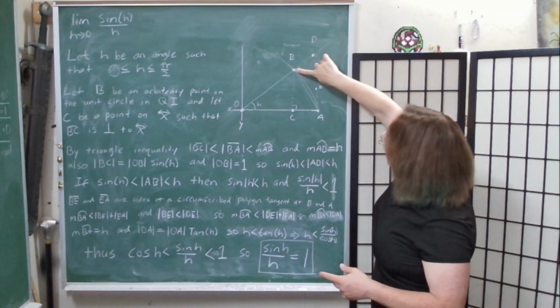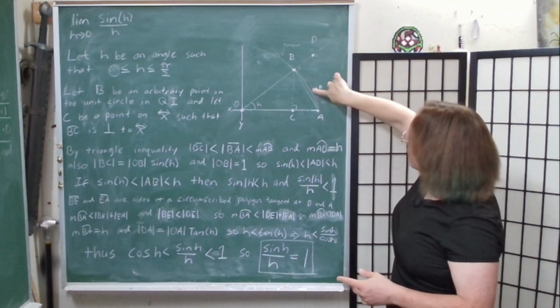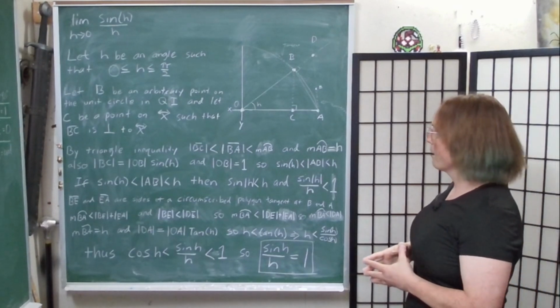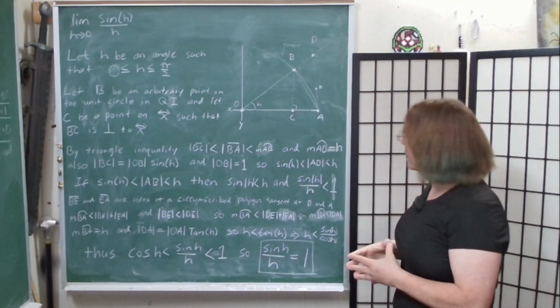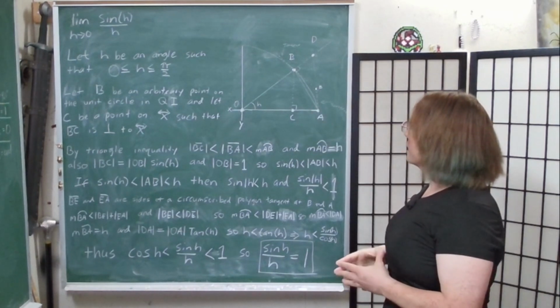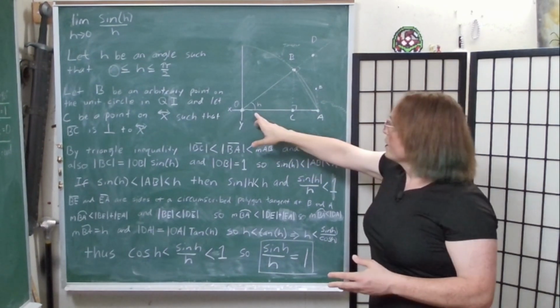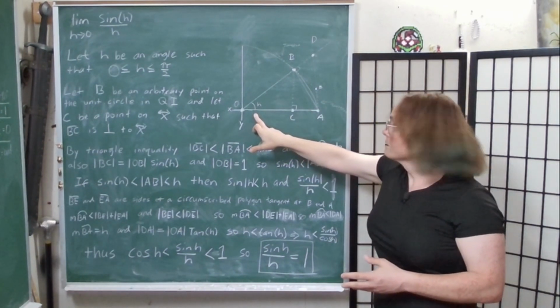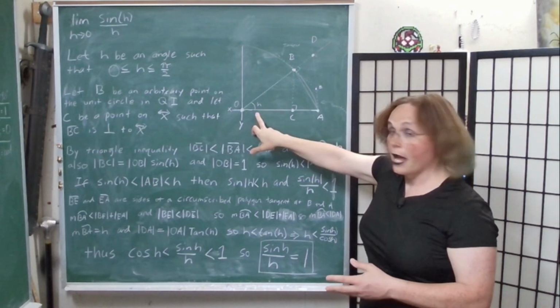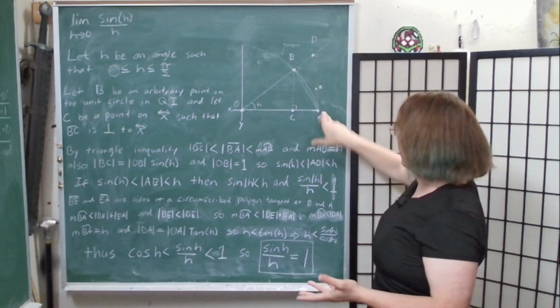And this arc is clearly outside that right triangle, so it's bigger. Okay? Now, that arc is exactly equal to the angle that subtends it. Okay? So that arc has the same size as the angle h. That's all that's saying, okay?